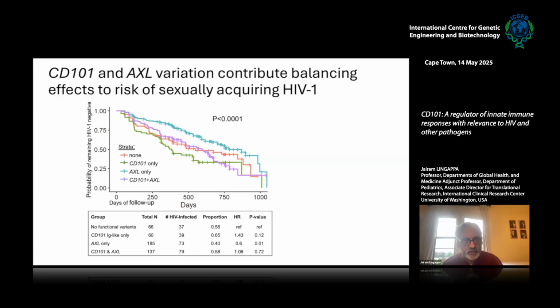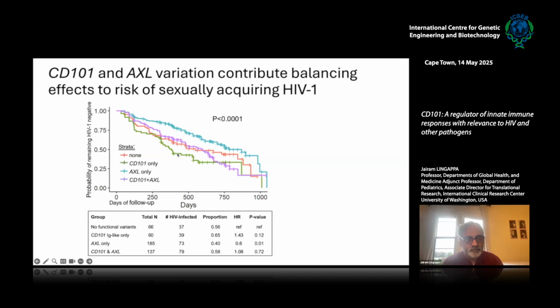Ramel McElprang has recently looked at the cohorts that we had been following and demonstrated that if you separated people by the number of CD101 versus AXL variants, the line in blue shows individuals who had AXL variants only, and this is a survival curve of probability of remaining HIV negative. People with AXL variants only had the highest probability of remaining HIV negative.